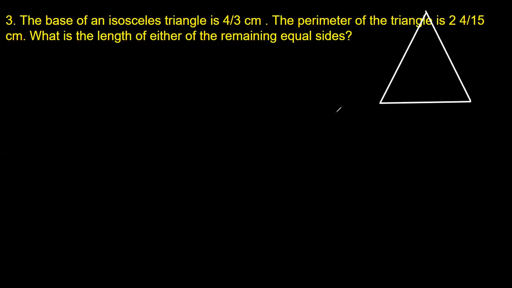When we are saying two sides are equal, it means let's say this side is equal to this side. The base of the isosceles triangle is 4 by 3. Perimeter is 2 4 by 15. What is the length of either of the remaining sides?